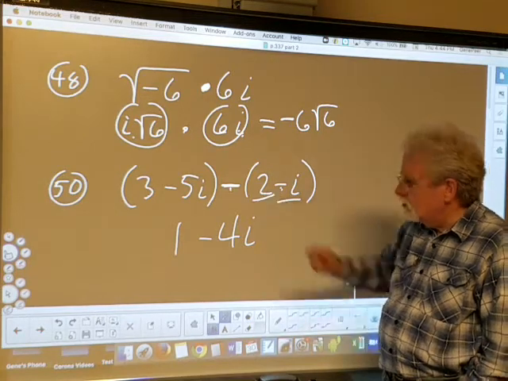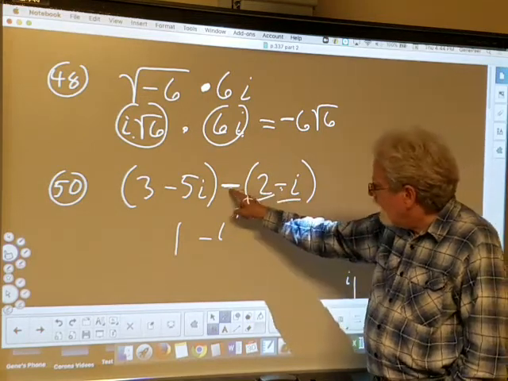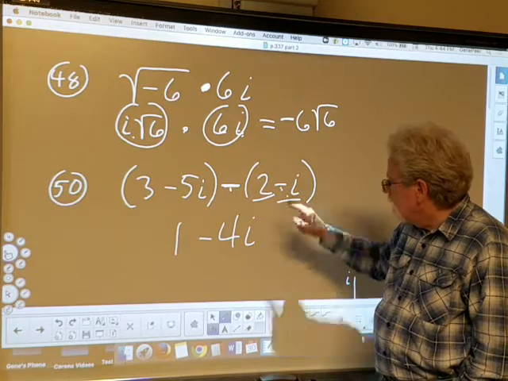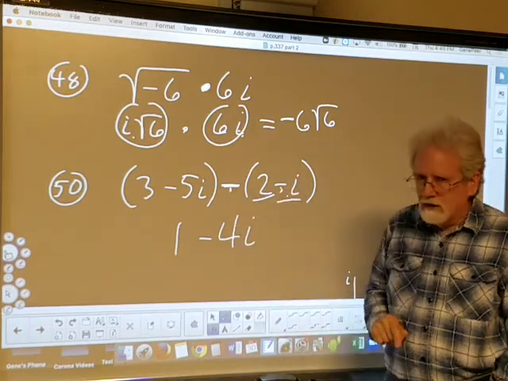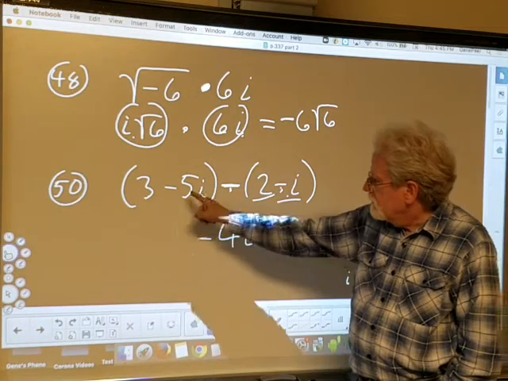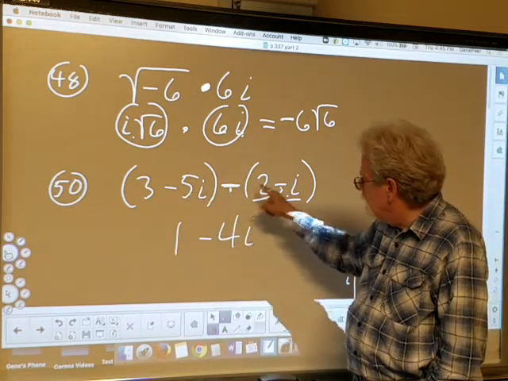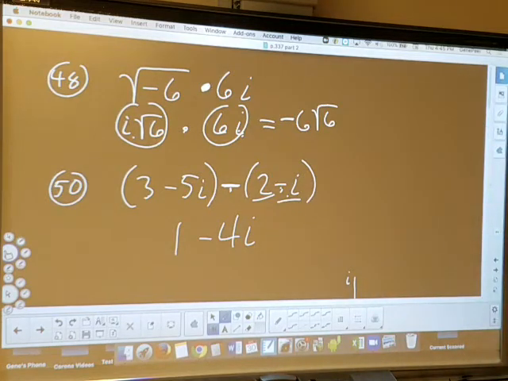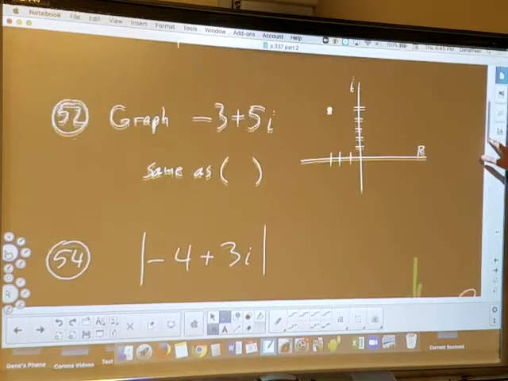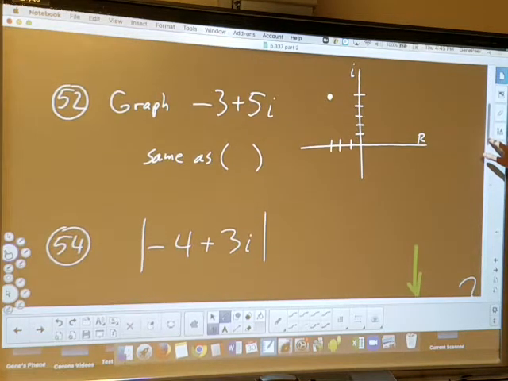I subtracted 2 and I subtracted negative i, so I added i. Negative 5i plus 1 more i is minus 4i. Done. It's subtraction, it's not multiplication. Don't you touch that thing with FOIL. Like, don't put FOIL in the microwave. Don't put FOIL on a subtraction problem.